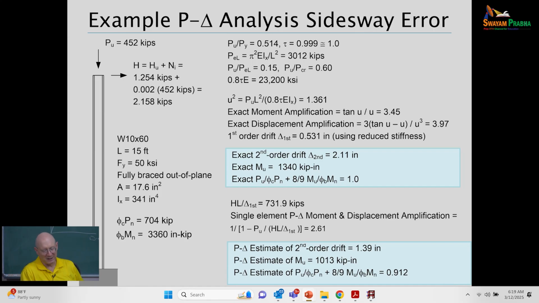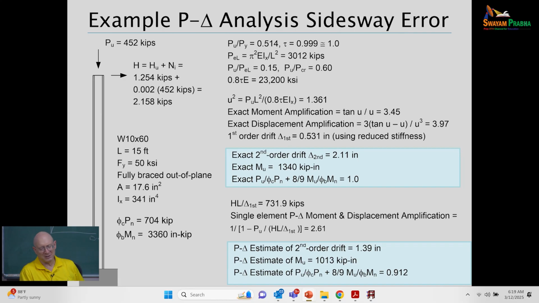I'm basically saying if I calculate B2 for that, taking RM equals 1, instead of a moment amplification of 3.45 and a displacement amplification of 3.97, I'm going to have a single amplification factor of 2.61. Okay?